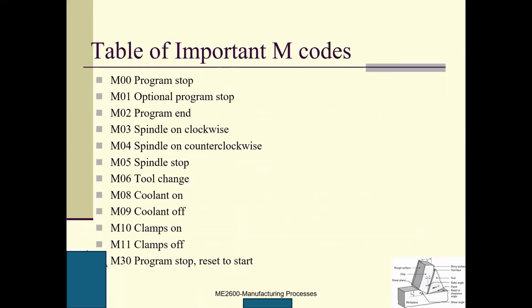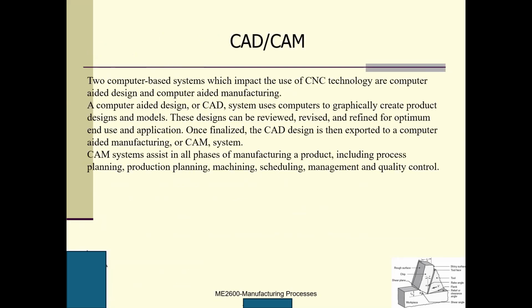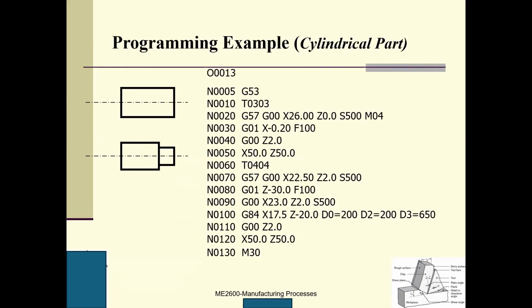You need to come back to this one. We have G53, we have T0303 and G57. I'm going to show you one by one.